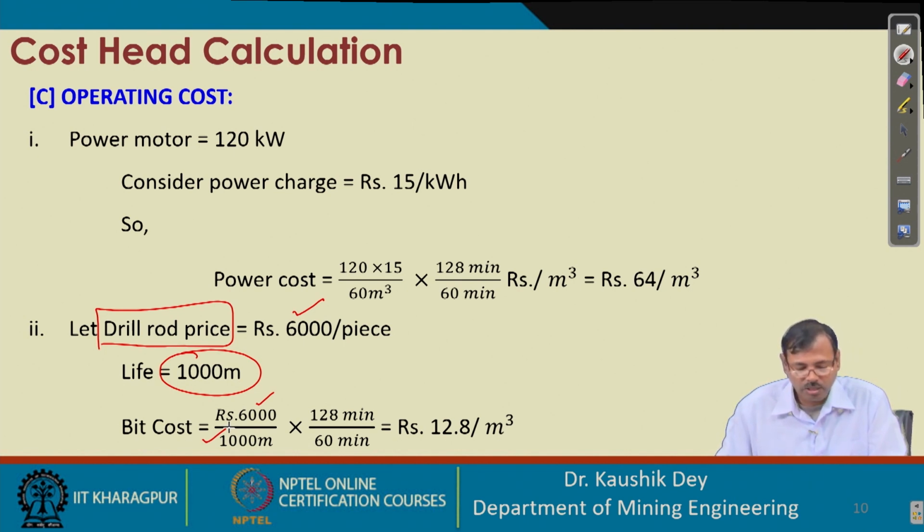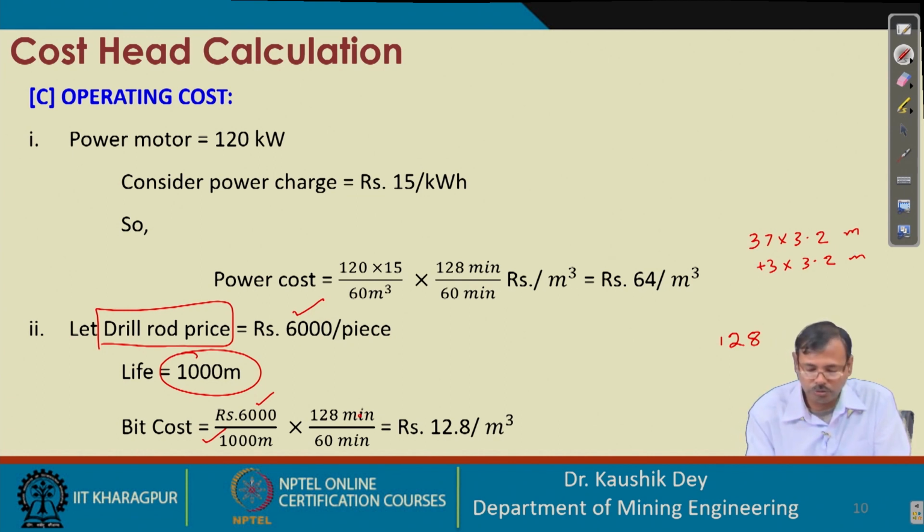Every phase we have to carry out a drilling of 128 meter. We have seen drilling is carried out, that is 37 into 3.2 plus 3 into 3.2. So, this is the meter, 37 blast holes of 3.2 meter.